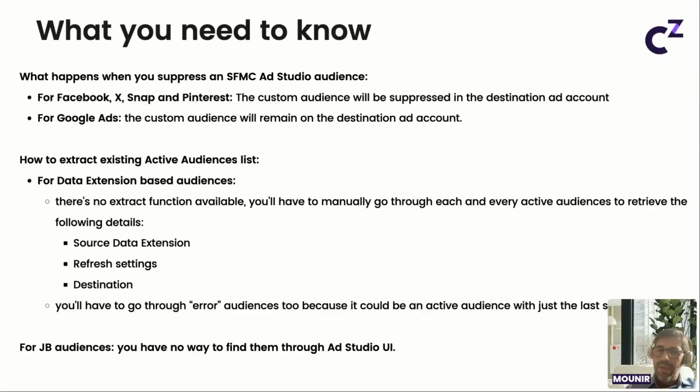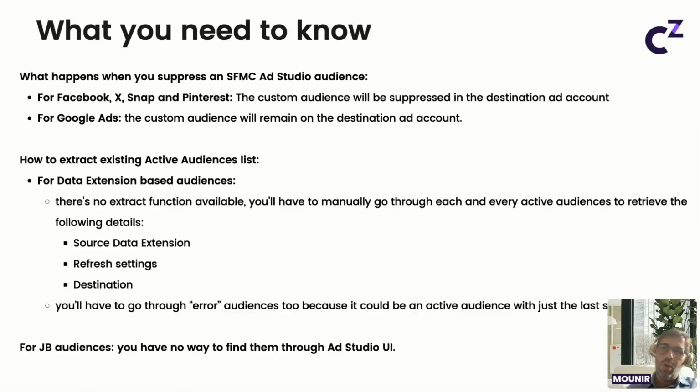And for Journey Builder audiences, you have no way in the Advertising Studio UI to know in which journey, and in which version, you're using an ad audience activity. So you'll just see in Advertising Studio how many active audiences you have.